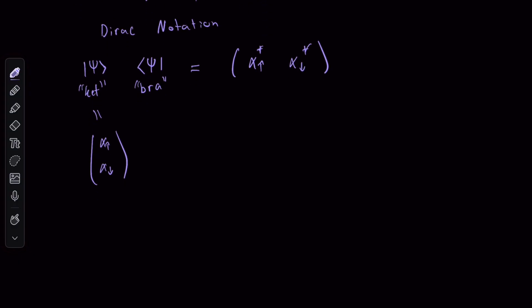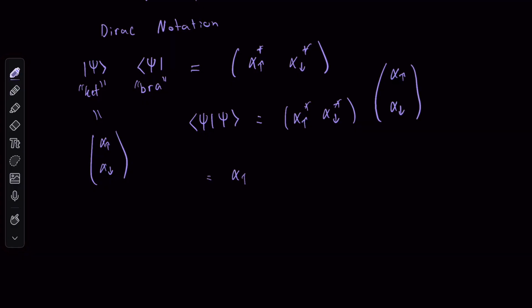Okay, so now immediately I should note what happens if you multiply a bra and a ket of the same vector? Well, then it's literally just a 1 by 2 times a 2 by 1 matrix multiplication. And if you're familiar with linear algebra, this just gives you a formula for the dot product, but we don't call it a dot product with complex vectors, we call it the inner product.